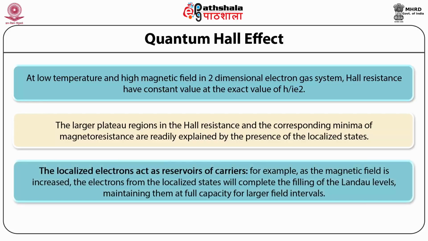The localized electrons act as reservoirs of carriers. For example, as the magnetic field is increased, the electrons from the localized states will complete the filling of Landau levels, maintaining them at full capacity over large field intervals.